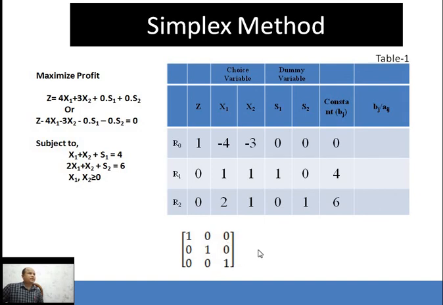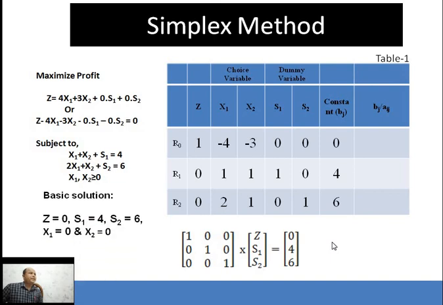The first column is for z, the second column is for s1, and the third column is for s2, equal to the constants 0, 4, 6. So from this table we get the basic solution as z is equal to 0, s1 is equal to 4, s2 is equal to 6.